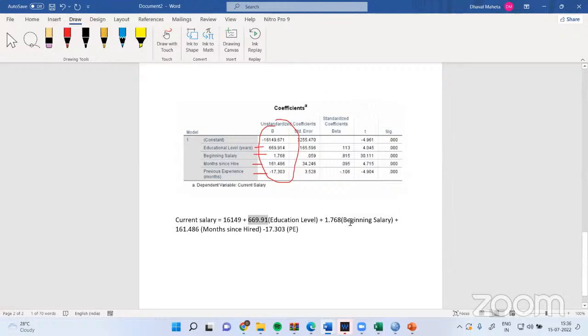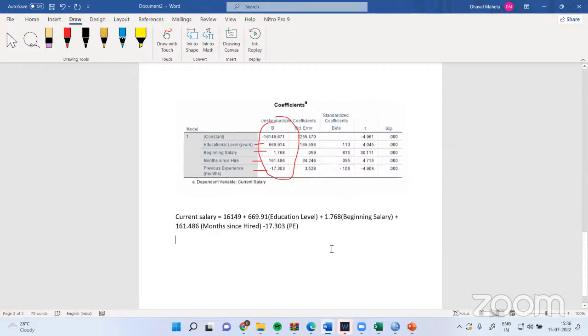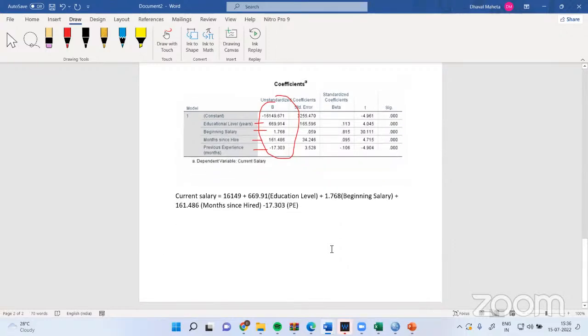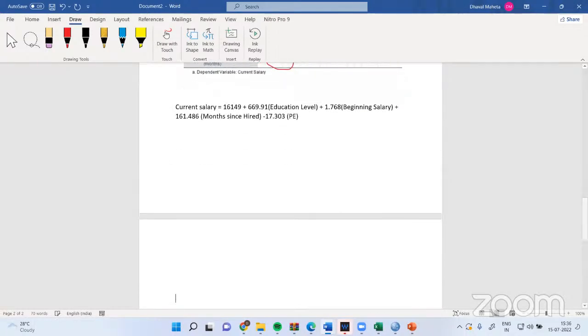With every increase in your beginning salary by 1 rupee, your current salary increases by 1.768. With every increase in months since hired by 1 month, your current salary increases by 161. With every 1 year increase in experience, your current salary drops by $17.